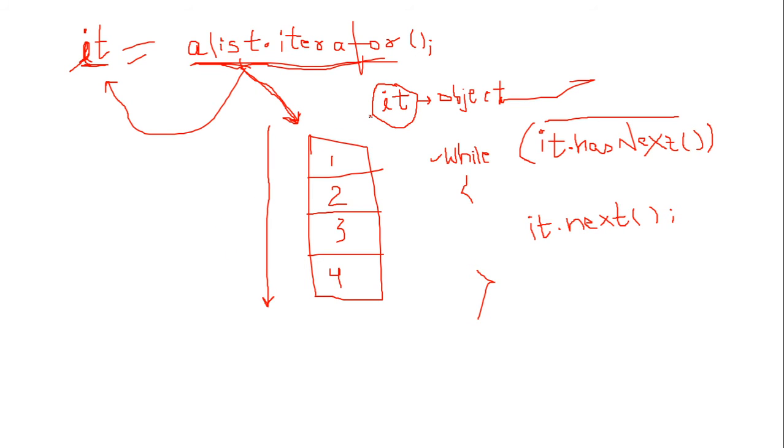So first of all, it has checked this, that yes, there is an element present in the list, so the condition becomes true, so it will go inside the loop. After the execution, it will remain here, it will not go inside this. It will remain outside. So it is just checking it.hasNext whether the element is present in the array list or not. So the condition is true, because one element is present.